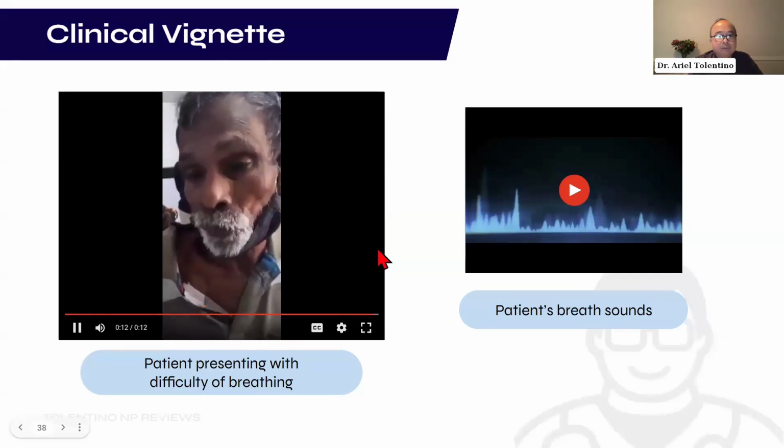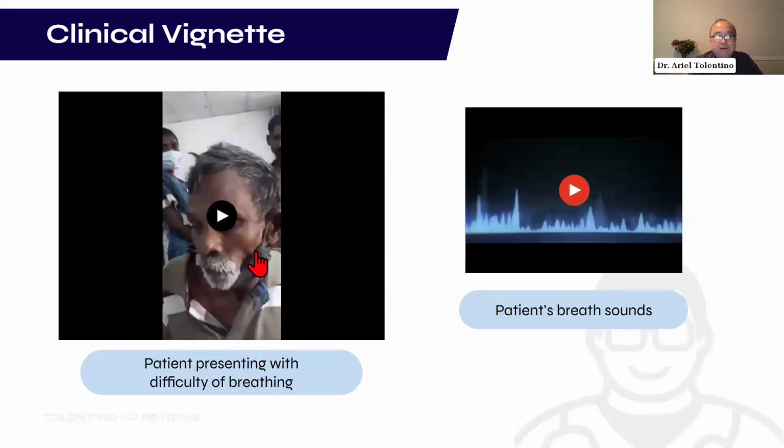Okay. So take note that manner of breathing is very, very important for answering the vignette. Now we go to the auscultatory findings. Take note of your very distinct breath sounds, and even be keen on checking background breath sounds that will help you answer the clinical vignette.